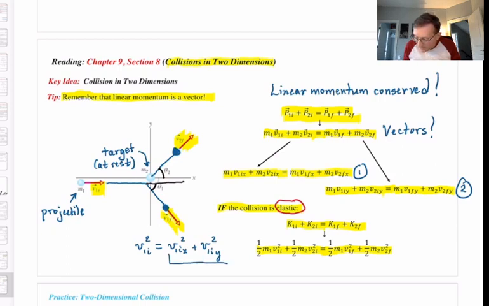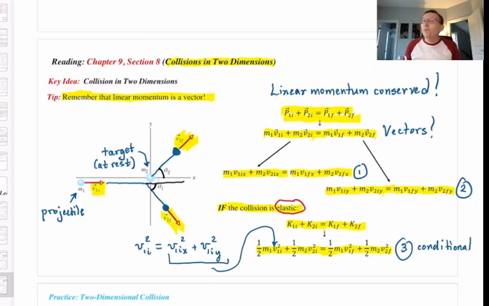That's what this symbol means, because it's the magnitude of the velocity squared. That means you got to include x component squared plus y component squared, Pythagorean theorem. So watch out for that. If it is valid, I'll call it equation 3, and I'll put beside it conditional. It might be valid if we know that the collision is elastic.